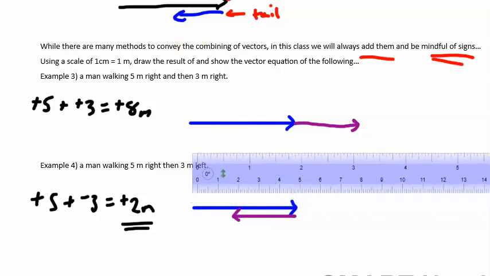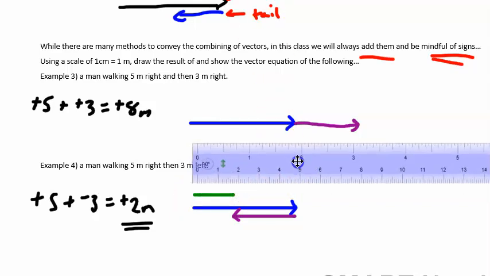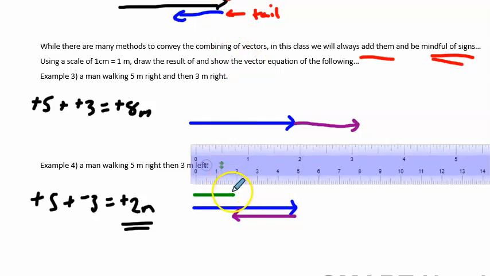So if we were to draw the resultant vectors, and I'll do that in green, this one here has a resultant of 2 meters in length, represented with this 2 centimeters, going again to the right.